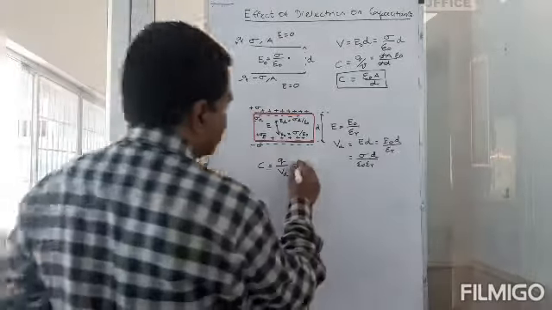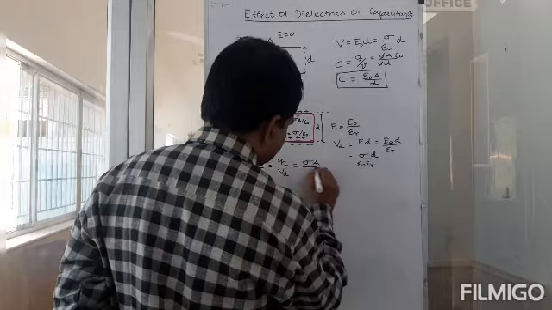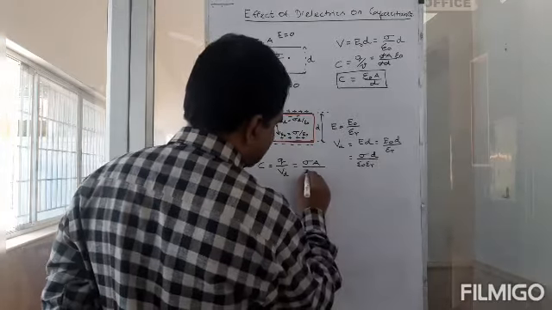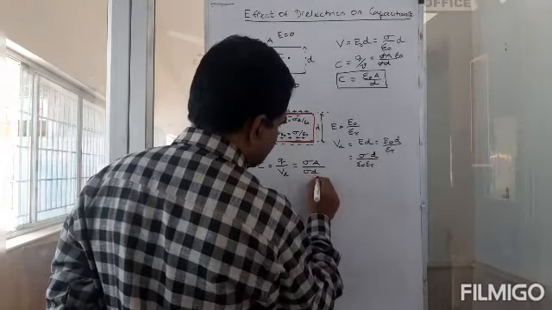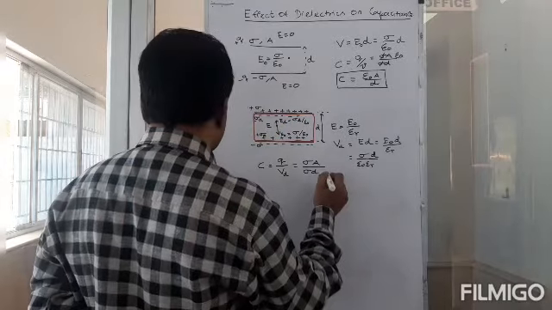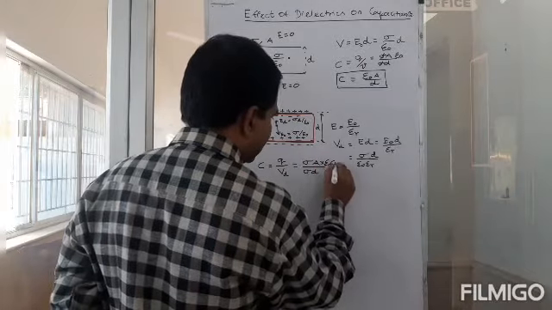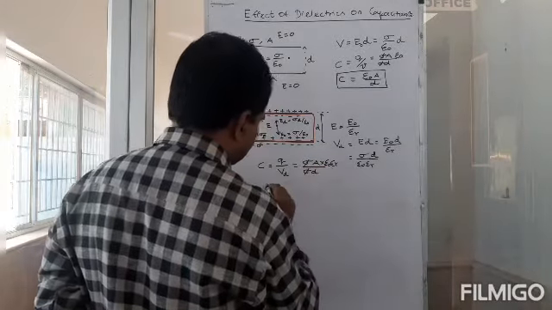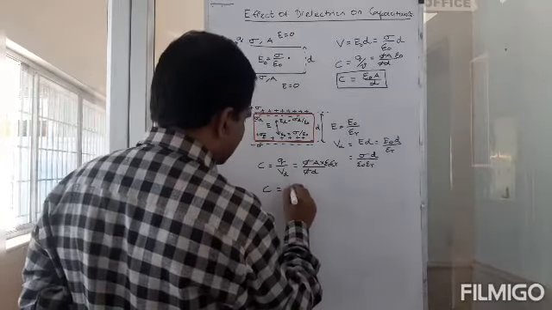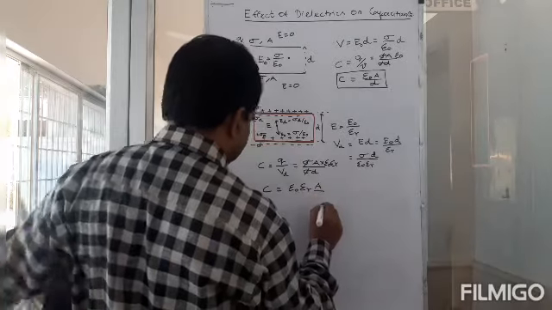So this is going to be sigma A divided by Vd, which is sigma d by epsilon naught epsilon r. So I'm going to have epsilon naught epsilon r here, and this and this will cancel. So my capacitance is now equal to epsilon naught epsilon r A by d.